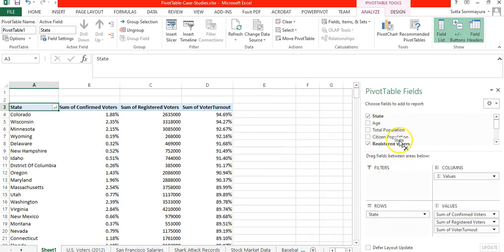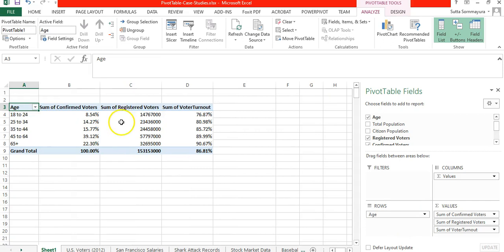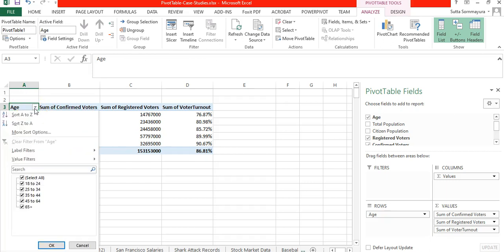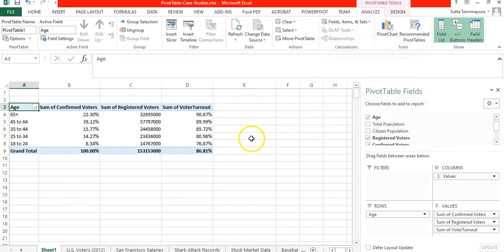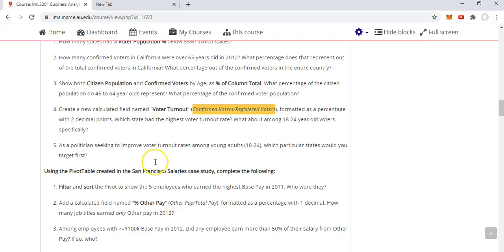You can take state and age, and you can do ranking, sorting descending by the voter turnout. You want to know this segment, right?